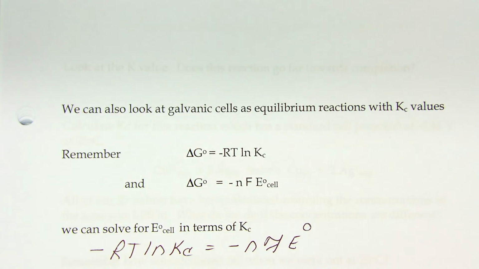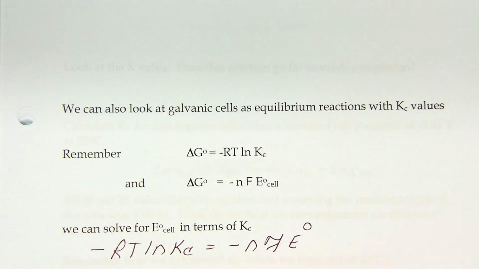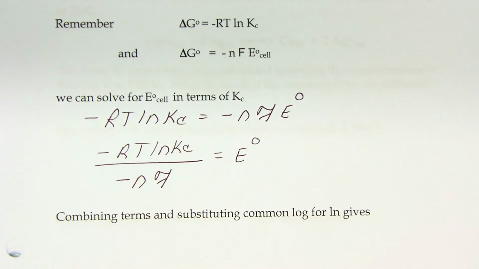So we can now relate the equilibrium constant to the cell potential. Now if we rearrange this, we know that minus RT ln of K sub C divided by negative NF is equal to the standard cell potential E0.